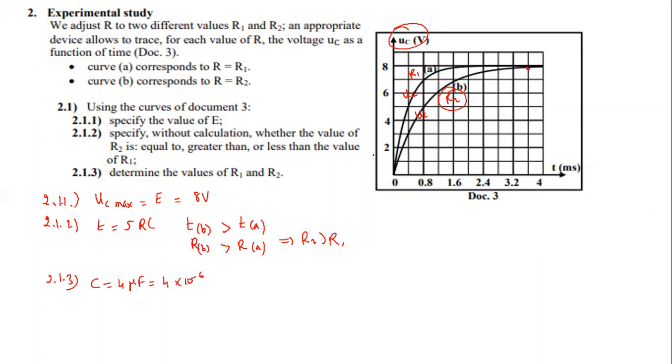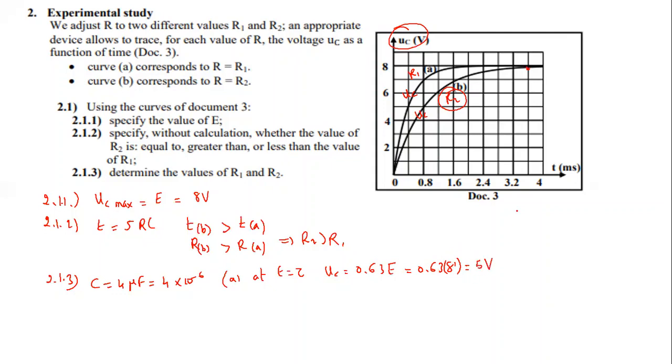And since they give us a graph, this means I must use tau. So how should we use tau? In the case of charging, at T equals tau, we'll take figure A first. At T equals tau, we know that UC must be equal to 0.63 E, which means 0.63 times 8, since 8 is equal to E, which equals 5 volts.